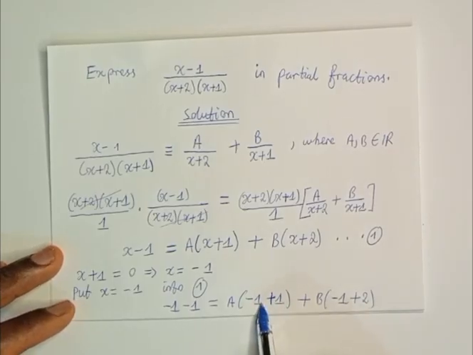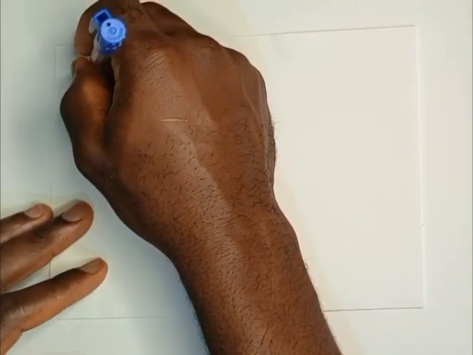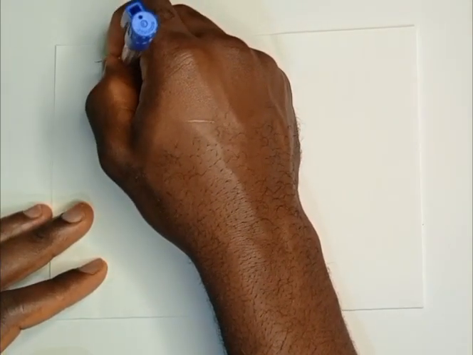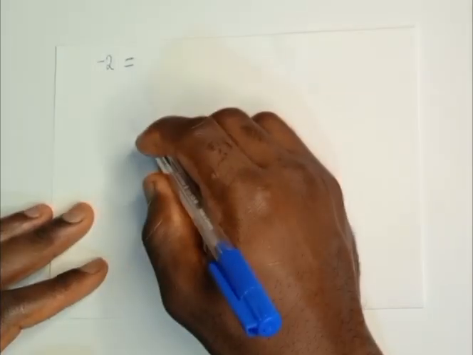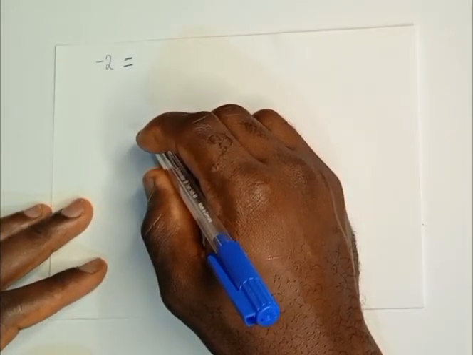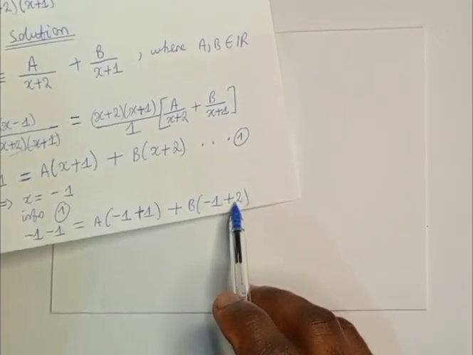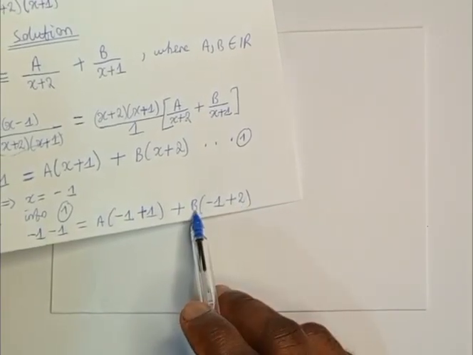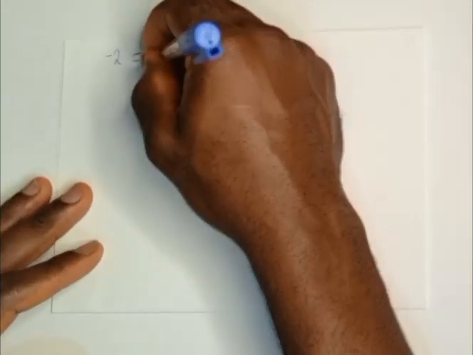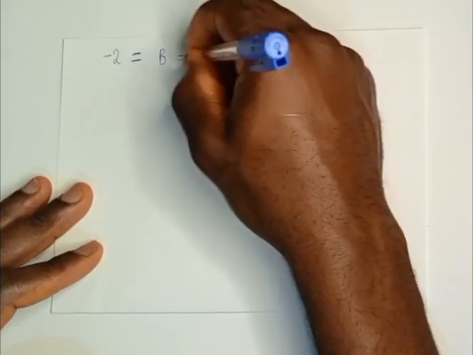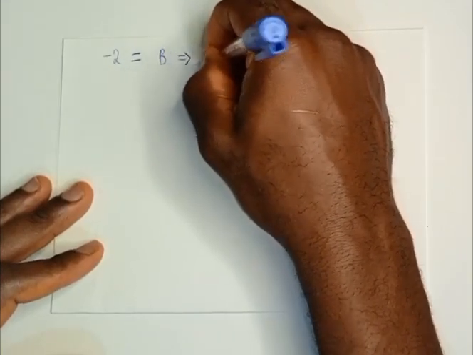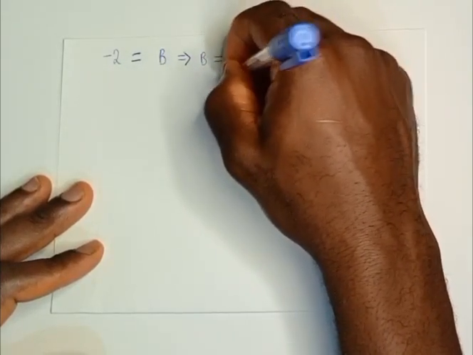The term in a disappears. -1 minus 1 gives us -2, equal to -1 plus 2, which gives us 1 times b, which remains b. -2 is equal to b, which is the same as saying b is equal to -2.